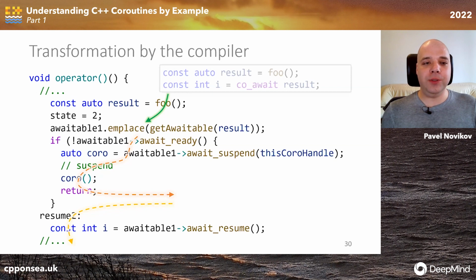In that case, we get straight to label resume 2. We call await resume, and the execution continues. Otherwise, if the result associated with the awaitable is ready, we skip all the shenanigans with suspending and resumption of the coroutines. We get to the resume 2 label, and again we call await resume to get the result out of the awaitable.